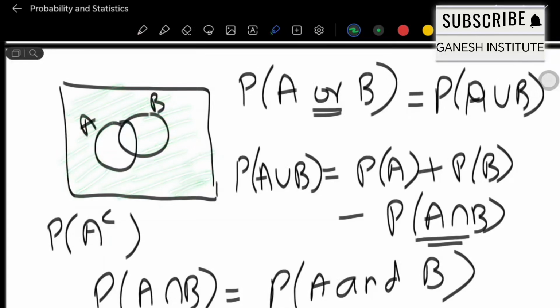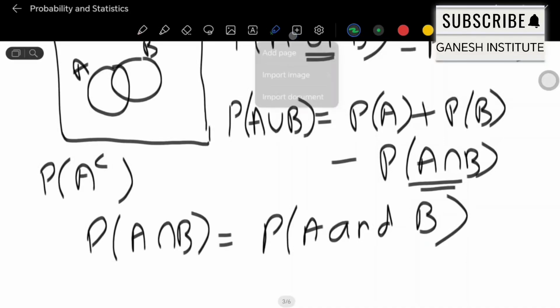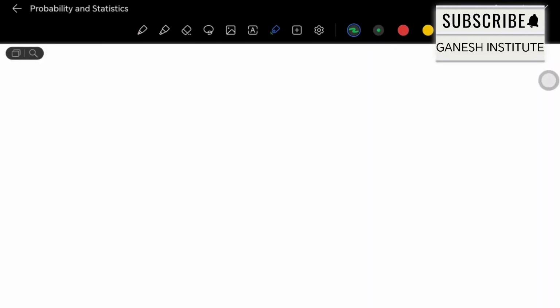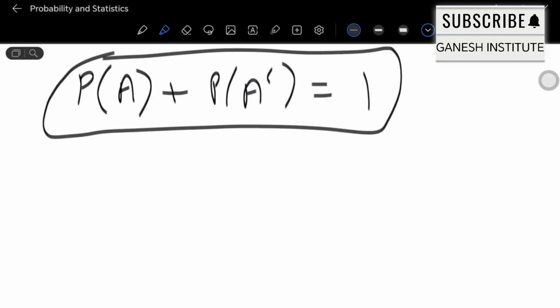You need to remove A from the whole thing. And do you know that the probability of an event happening and the probability of it not happening sum to 1? Because probability is favorable outcomes upon total.